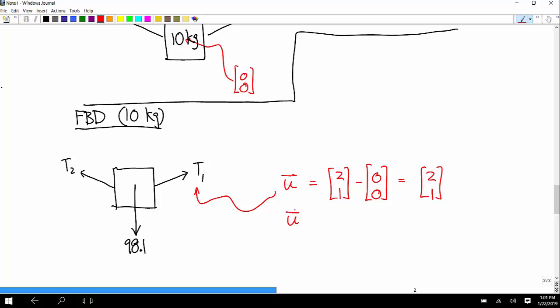The magnitude of u is the square root of 2 squared plus 1 squared, so that's root 5. And so the unit vector is (2 over square root of 5, 1 over square root of 5).